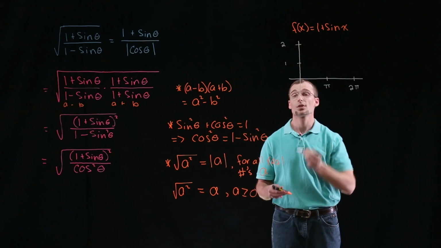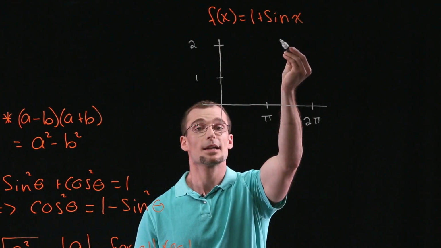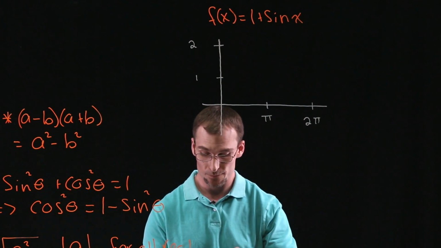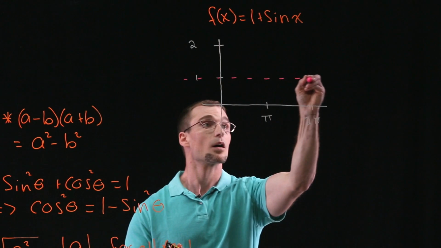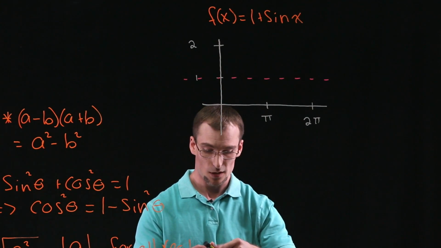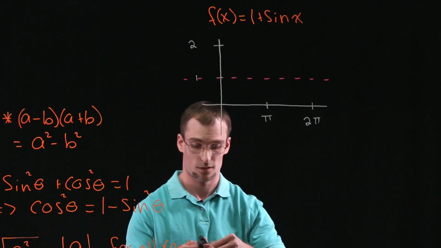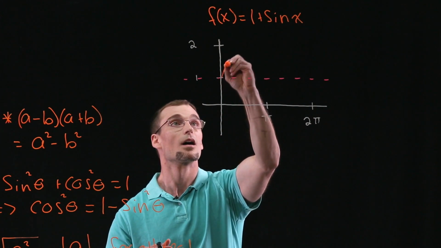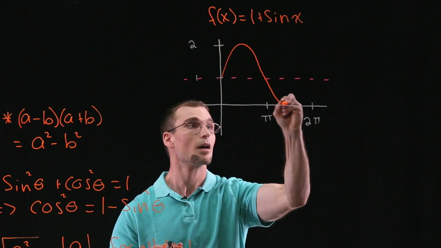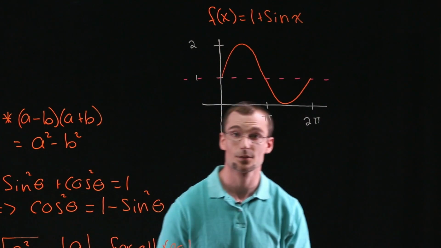We know that the graph of 1 plus sine x is just the graph of sine x shifted up 1 unit. So our graph is going to look like this.